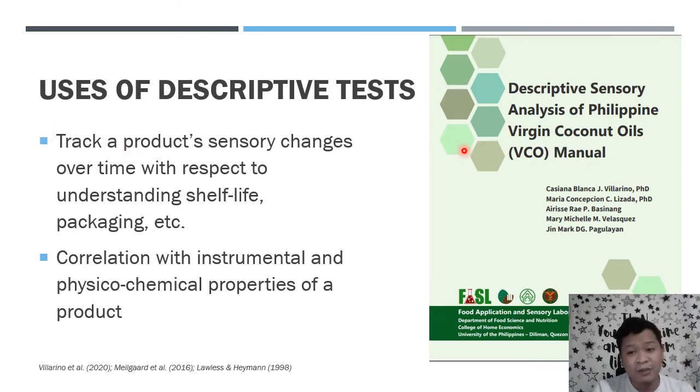So one practical application is, for example, in the case of VCO, you can track the changes in the product, for example, when using it for shelf life or packaging studies, and you can correlate the instrumental or physicochemical test results, or let's say indices of oxidative rancidity na mga analytical test.